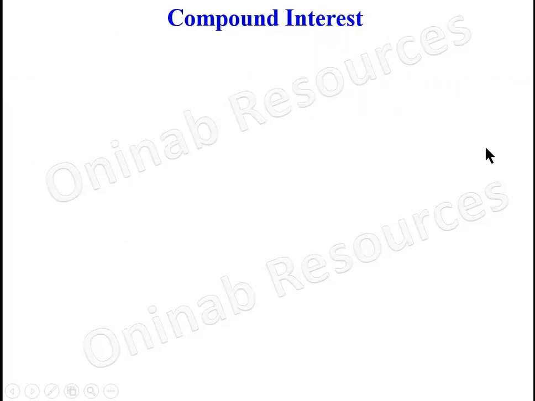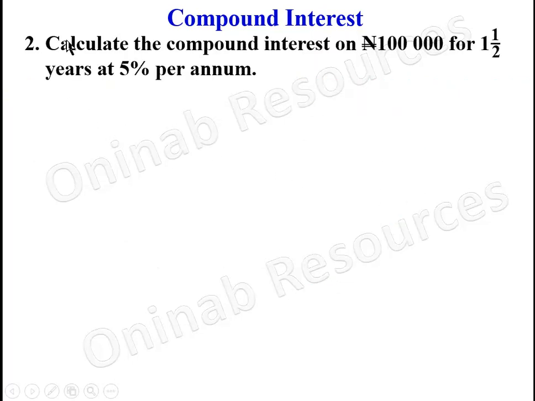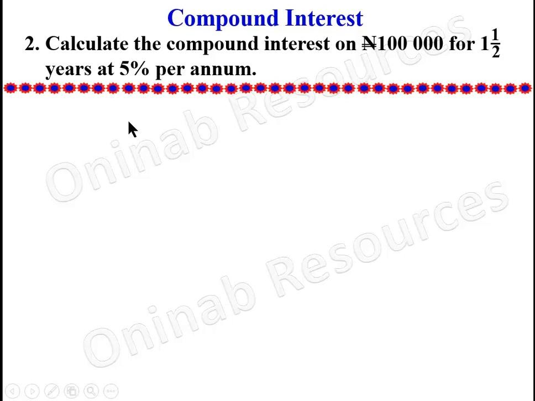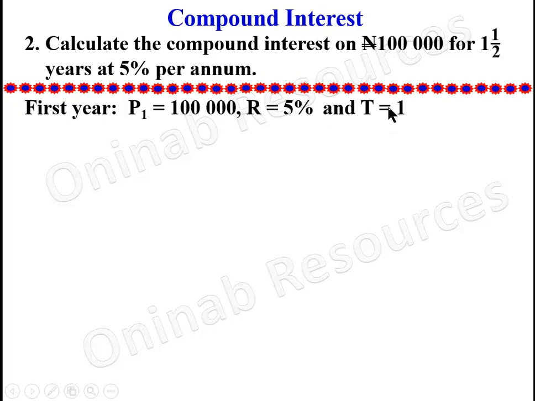We go to problem 2. In problem 2, calculate the compound interest on 100,000 naira for 1.5 years at 5% per annum. Again, we start the solution of the problem. We look at the first year. The principal in the first year is 100,000, and the rate is 5%, and the time is 1.